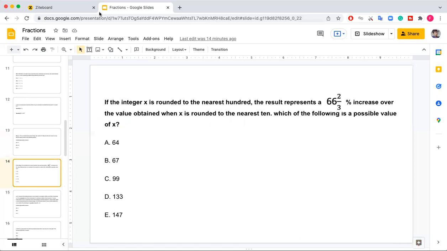This is again an interesting question. Let's solve this.